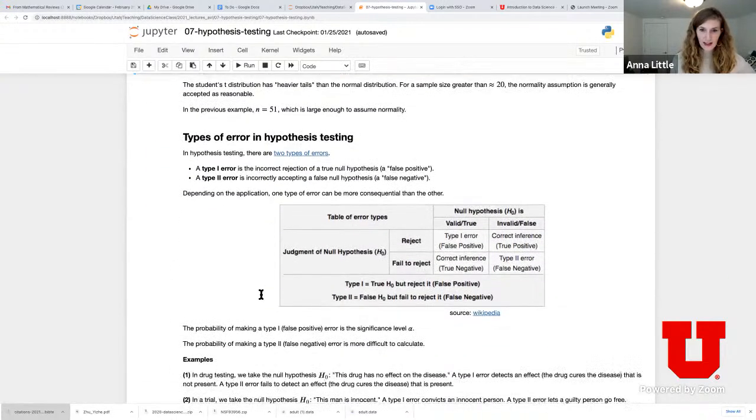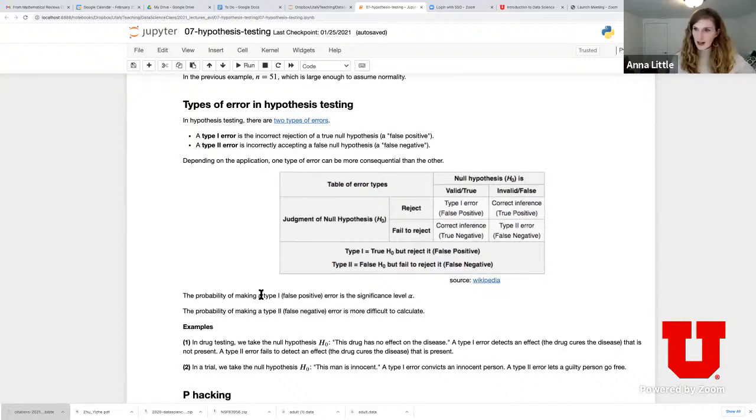Okay, so let's talk a little bit about errors in this testing. There are basically two different types of errors that can occur. Here's a little table that's helpful to keep in mind. The null hypothesis might be true or it might be false, and we might reject it or fail to reject it.